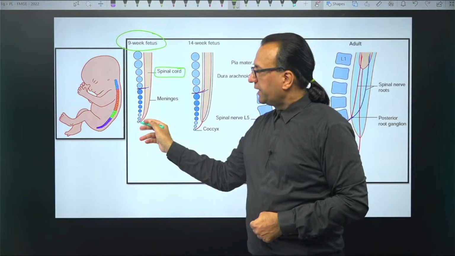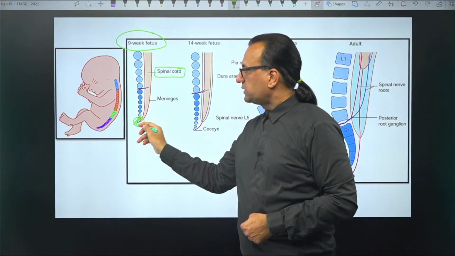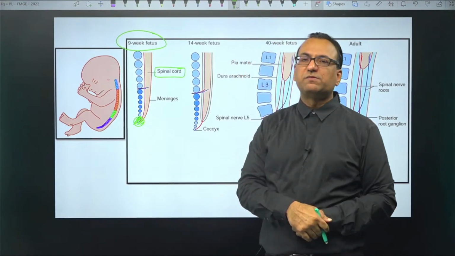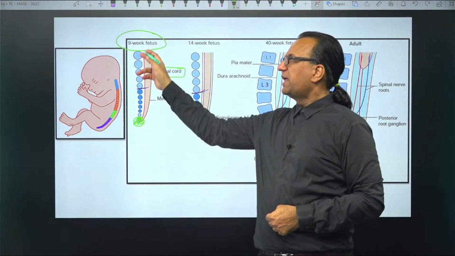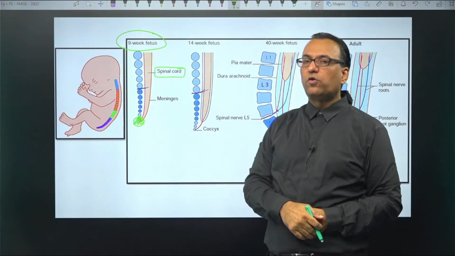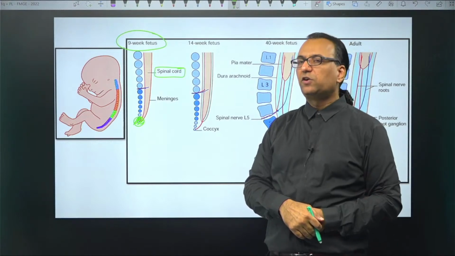The spinal cord is also attached to the terminal bone, the coccyx, in the beginning. So not only does the spinal cord have equal length as the vertebral column, but it is fused to the coccyx. But later there is differential growth.